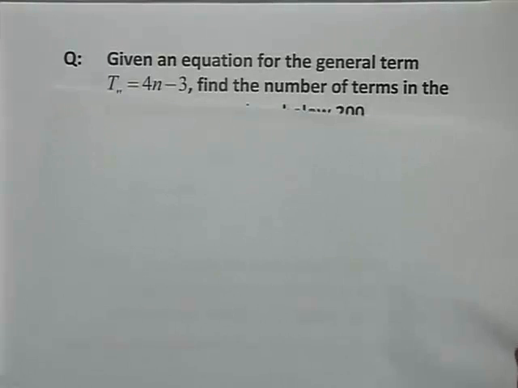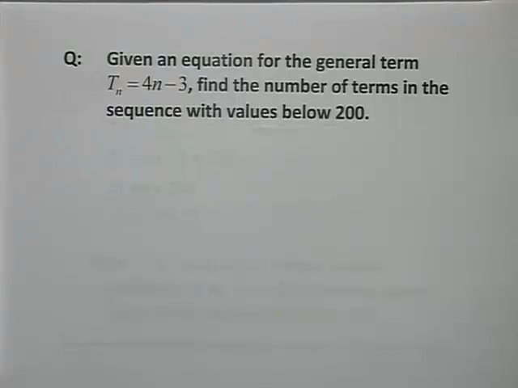This is a popular twist that comes up. It's in the syllabus specified. It said, given an equation for the general term Tn is equal to 4n minus 3, find the number of terms in the sequence with values below 200.